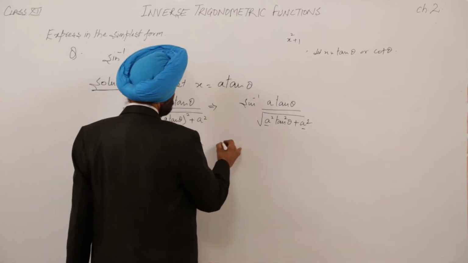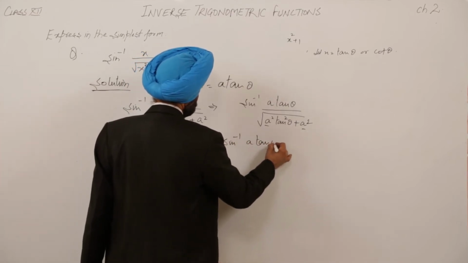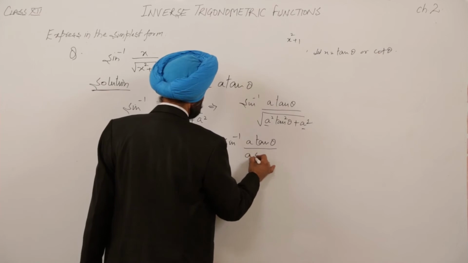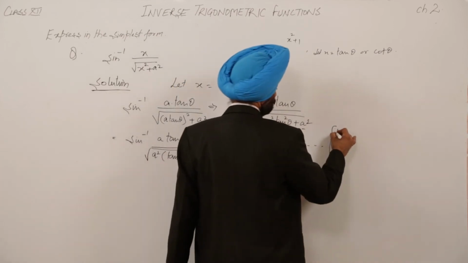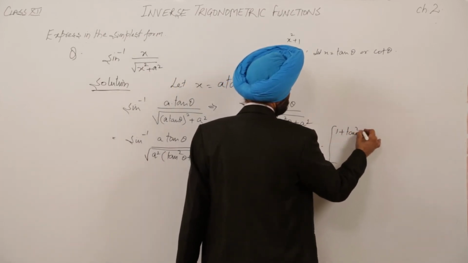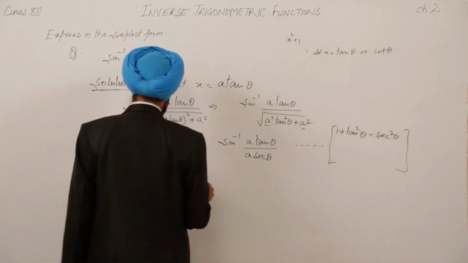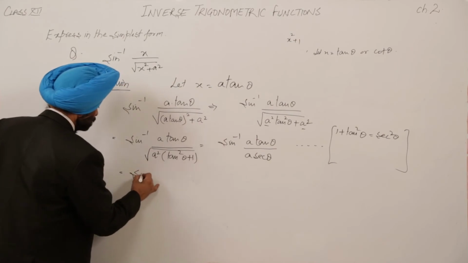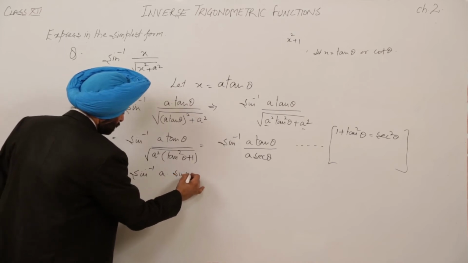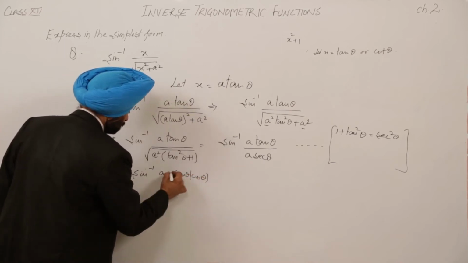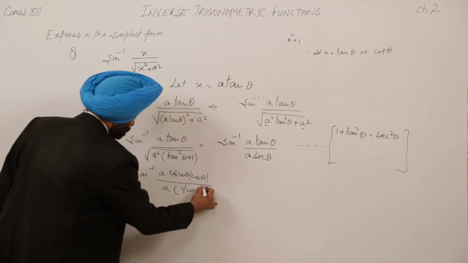So we are having sine inverse of a tan theta upon a secant theta. Here you can write, we have 1 plus tan square theta is equal to secant square theta. Now further we have sine inverse of a sin theta upon cos theta, upon a times 1 upon cos theta.